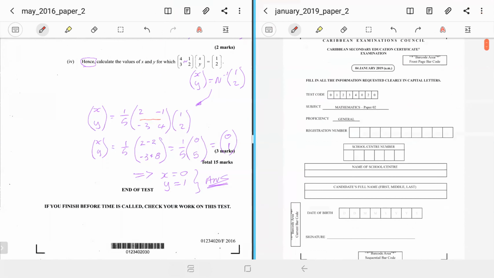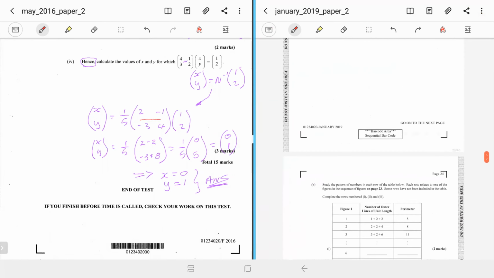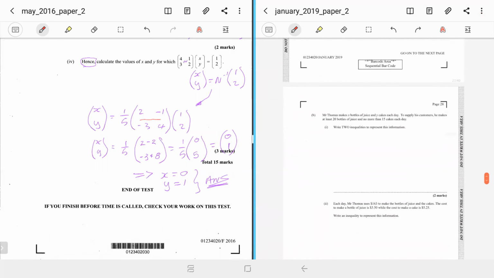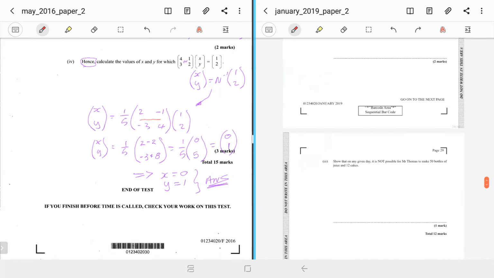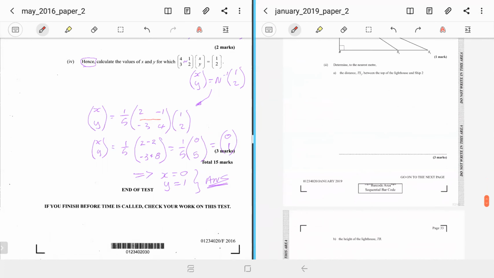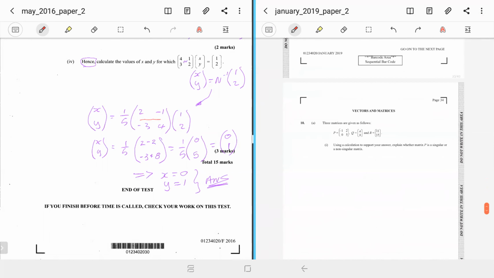So we'll find a question on this paper now. Where is it? Let's find it. The matrices question is somewhere on this paper. Usually it's around question 10 or 11. Let's go. Matrices.